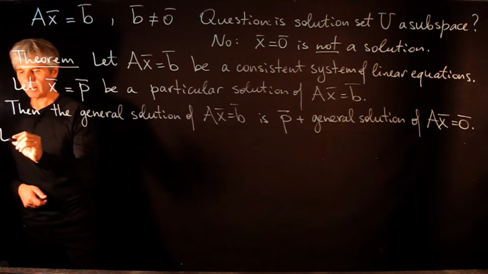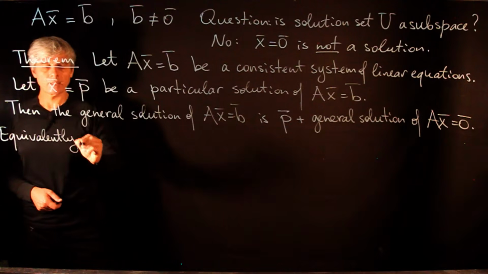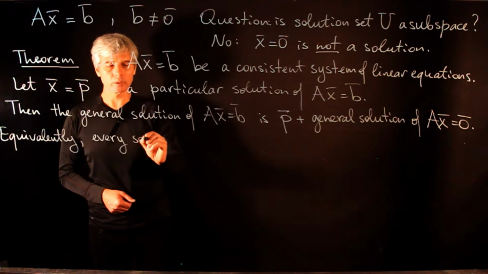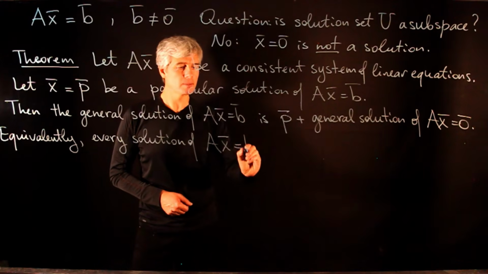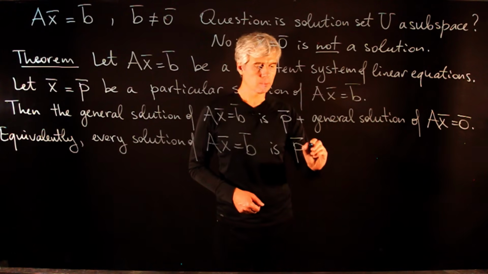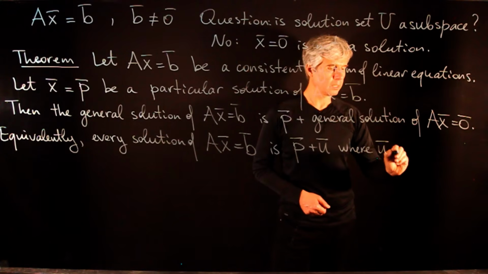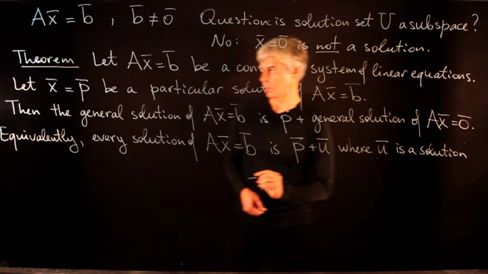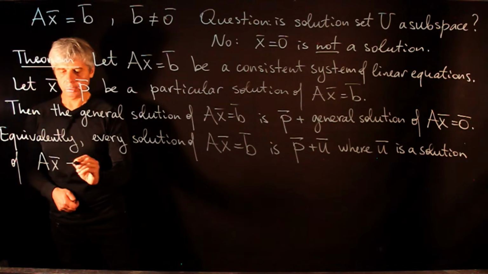Or equivalently, what we are saying here is that every solution of AX equals B is P plus U, where U is a solution of AX equals 0.